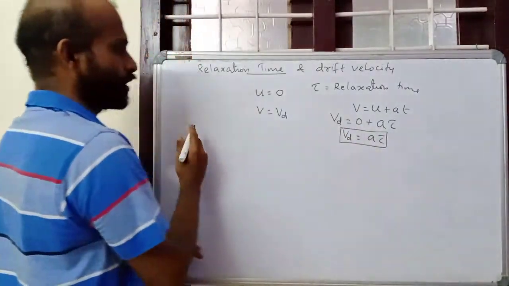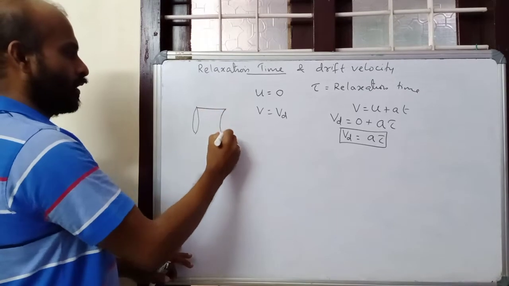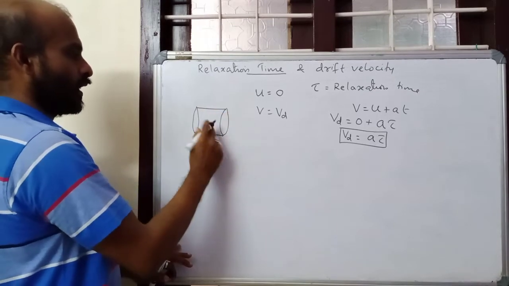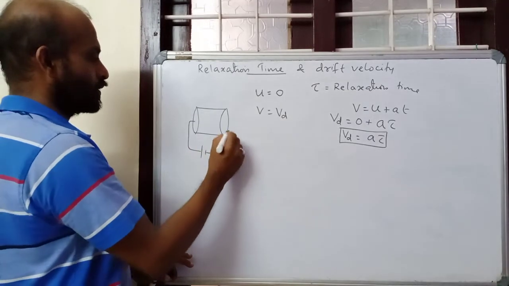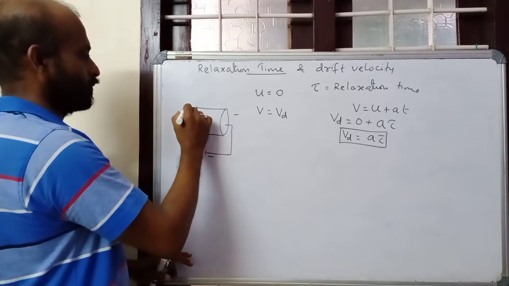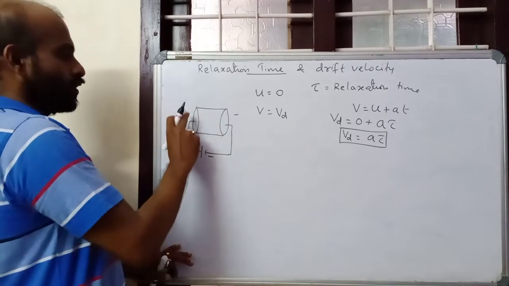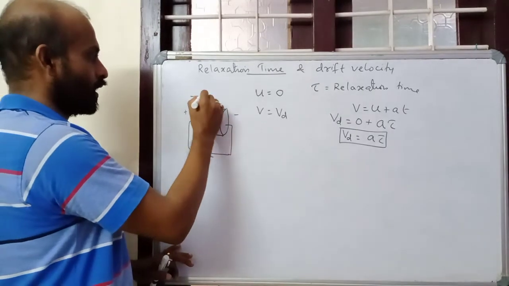Now what is the acceleration? I am going to draw the diagram once again. We have a conductor of circular cross section, with the battery connected, one end positive and the other negative. So across the conductor there is an electric field from positive to negative. This is the direction of the electric field.